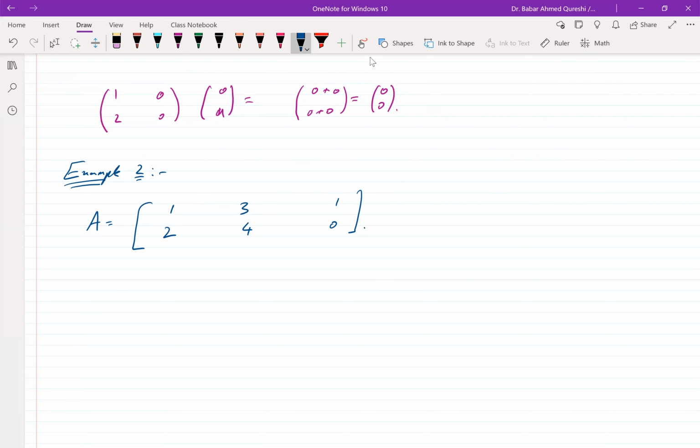Now the column vectors, I want to compute the column space of A. So the column space of A is the span of these column vectors.